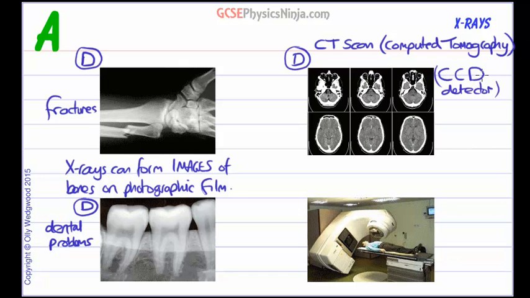And the electronic images that produces are then processed by a computer to produce virtual slices of that part of the body without actually cutting through the body. So we can actually diagnose and see if there are any problems, perhaps any cancerous growths or problems in the body. So that's a CT scan.